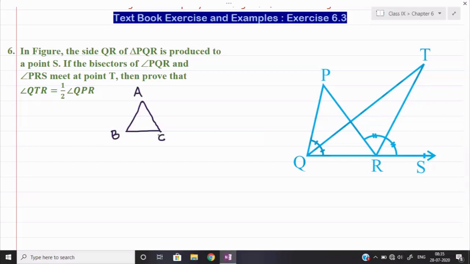For example, suppose I produce side BC up to point D. Then you observe that outside one angle forms, that is angle number 1, and inside, in front of angle 1, there are two interior angles, angle 2 and angle 3.